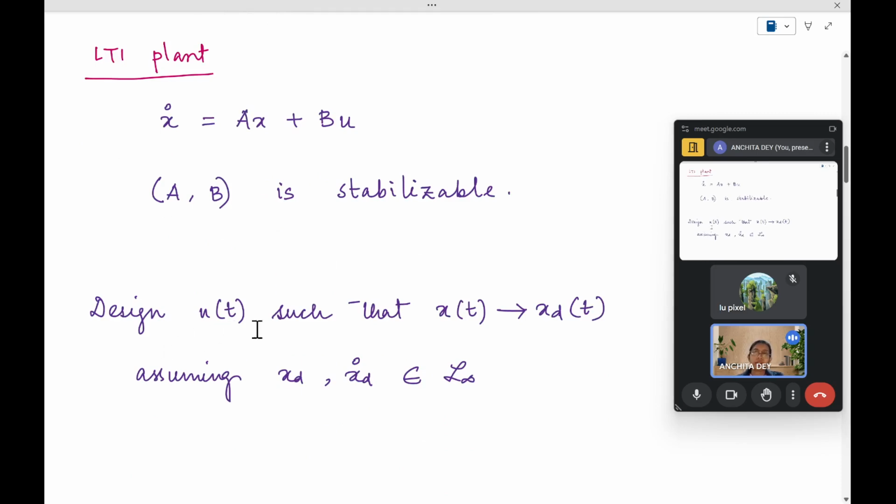So you want to design u(t) such that x(t) tracks xd(t), and of course, like in the MRAC scenario where we assumed the reference model had nice behavior, that is, a bounded input, bounded output system with the reference signal belonging to L infinity, similarly now we assume that the desired trajectory and its derivative both belong to L infinity. That means both are bounded signals.